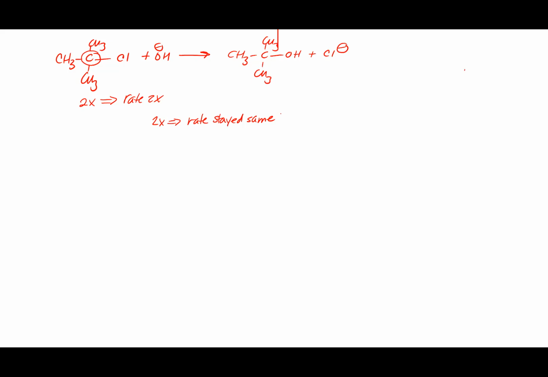The rate didn't change. Then they tripled the concentration and the rate still didn't change. Then they went back and repeated it, and they probably had somebody else repeat it. And so it has different kinetics.